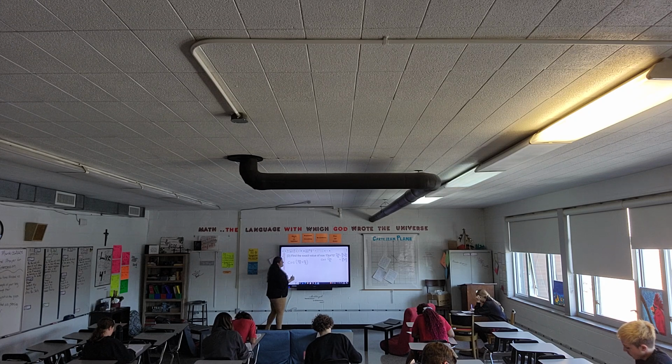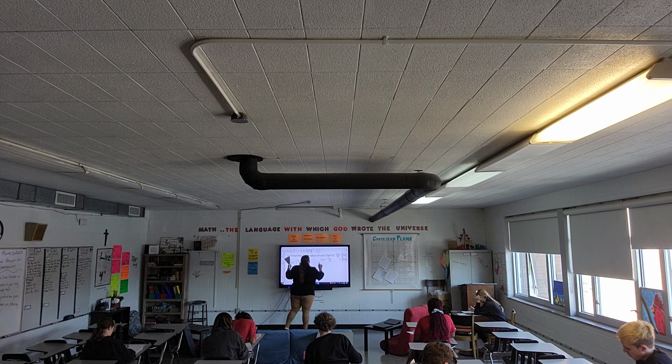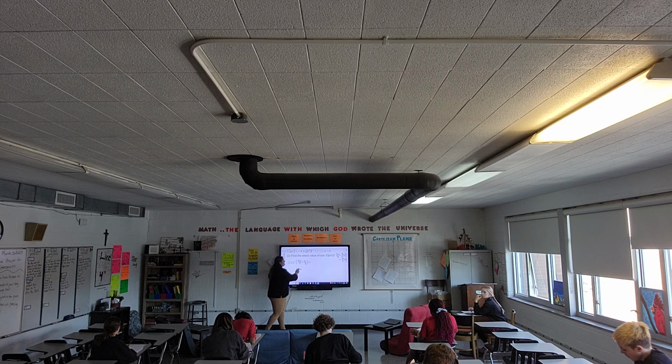So you have cosine, make sure it's cosine. Cosine of, does it matter which order? Yeah. So we're going to have 3 pi over 4 plus pi over 3. And since it is addition on each side of the parentheses, it's going to be what on the right side? Subtraction.